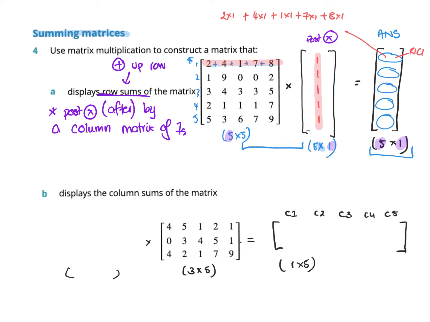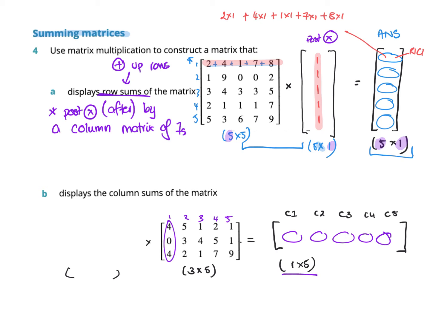Now, sometimes they ask, what could you multiply to add up the columns? That's different. Down here, I've got another matrix with 5 columns and we want to add them up. So I want all 5 columns in my answer, and just 1 row because I'm adding up all these numbers. So my answer needs to be a 1 by 5.